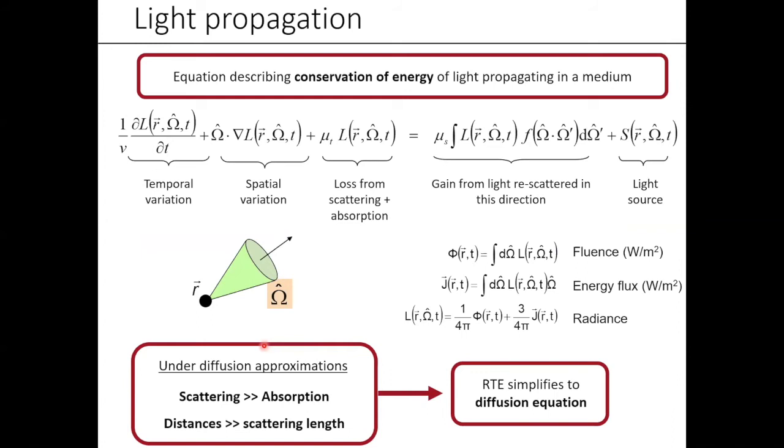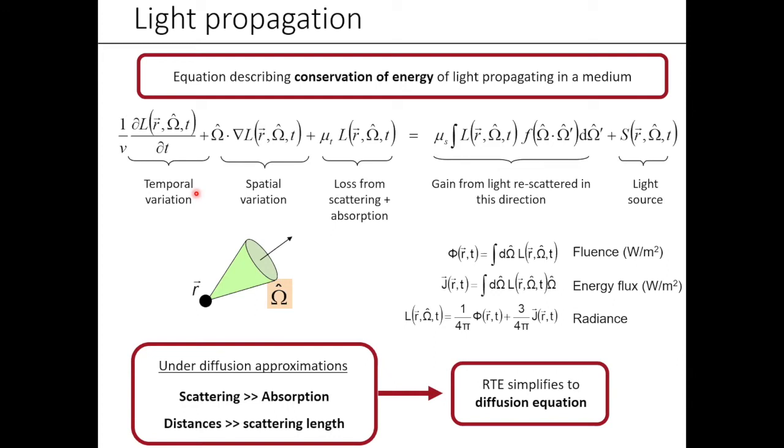So I'm just putting this up to mention that the standard approach for modeling particle propagation and transfer is a radiative transport equation that quantifies the transport of light along a certain direction at a certain location over time, and it's essentially an energy balance of light coming into your propagation direction and being scattered away from it or absorbed.